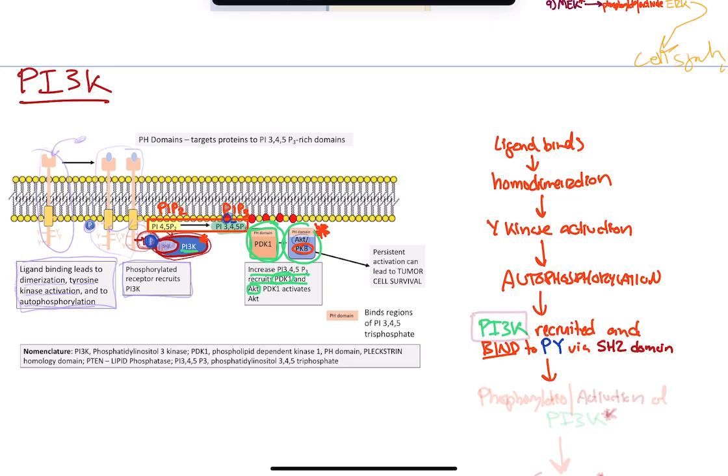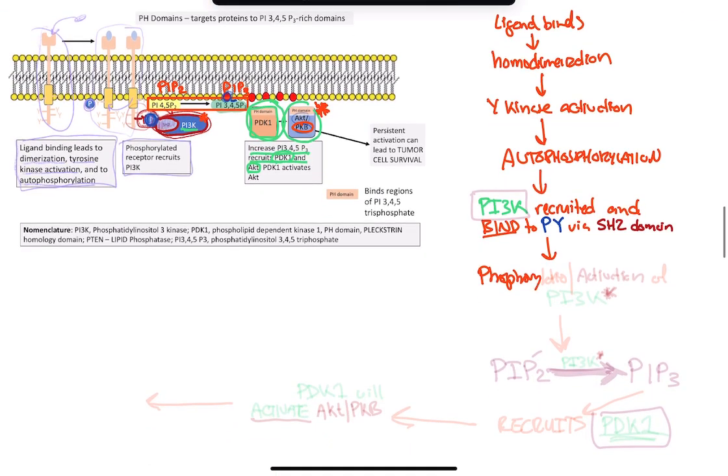Once that PI3K associates with the phosphotyrosines, we're going to see phosphorylation/activation of PI3K, right? Activated. We're going to put a little star here.